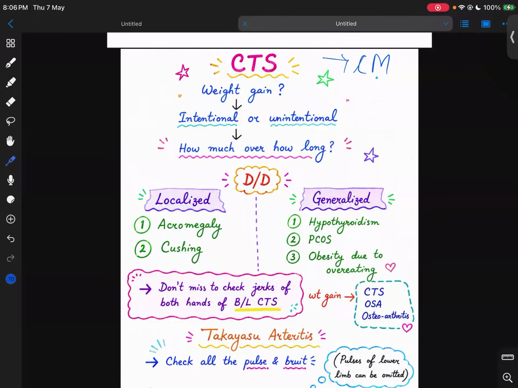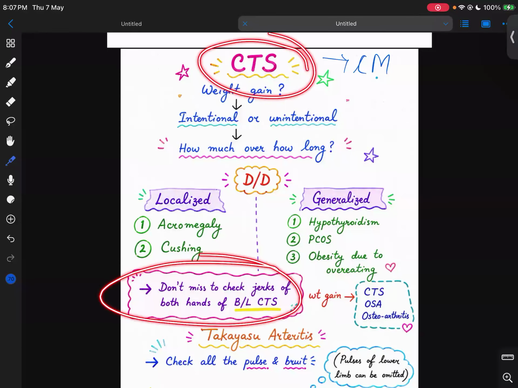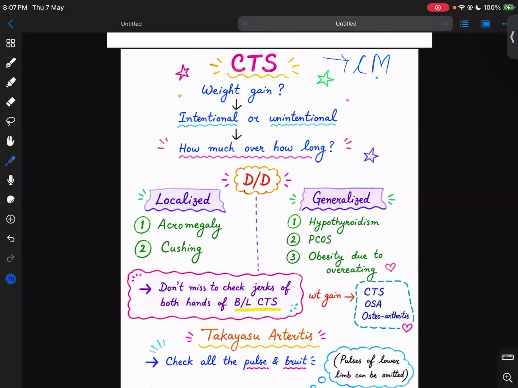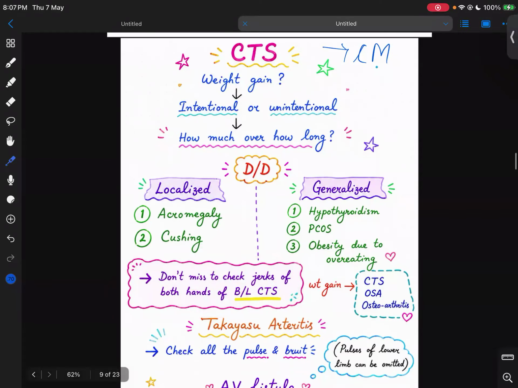So never make this mistake for any case of bilateral carpal tunnel, which will be bilateral for all the cases in the PACES exam. For any carpal tunnel syndrome, never forget to examine the jerks of both upper limbs. And in the PACES exam, the carpal tunnel syndrome will, up to now, in 100% of cases, be due to weight gain. And there are 3 complications of weight gain in general.